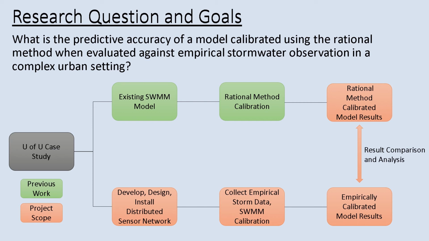However, due to a lack of data, as only one very small storm occurred during data collection, the scope was slightly narrowed to eliminate the empirical calibration of the SWMM model, as a single storm calibration would likely cause skewed results. Therefore, the comparison portion of this project was reduced to comparing the empirical sensor results with the rational method model results to determine the model's accuracy.